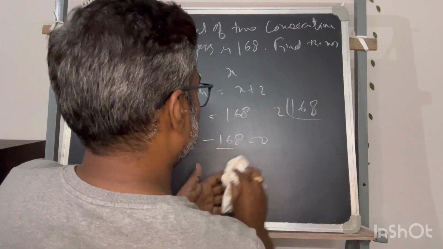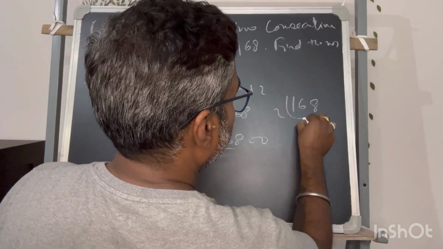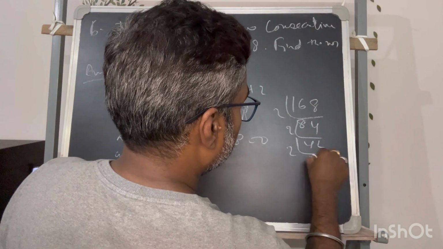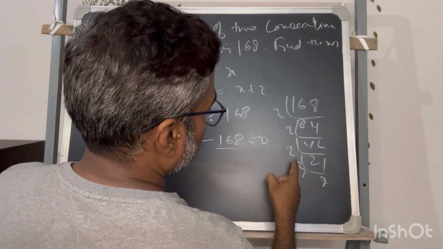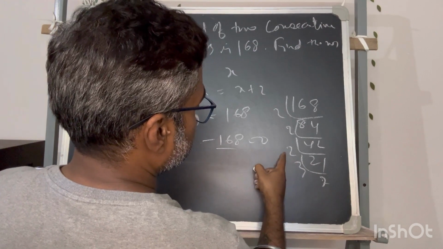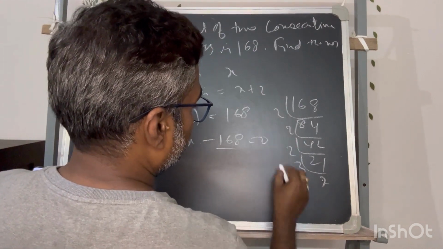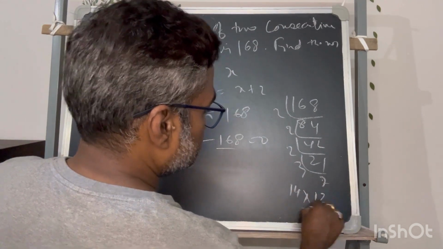So what are the factors that you will get? You will do factorization directly to 168: 2 into 84, 3 into 56, 4 into 42, 6 into 28, 7 into 24, 12 into 14. 14 and 12, you can see these are the right combination.